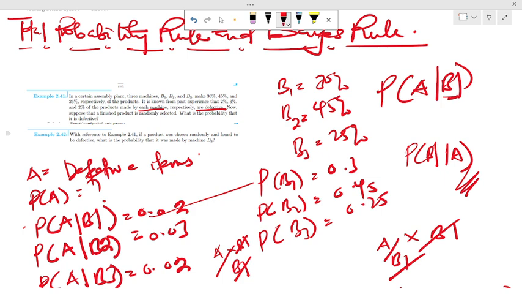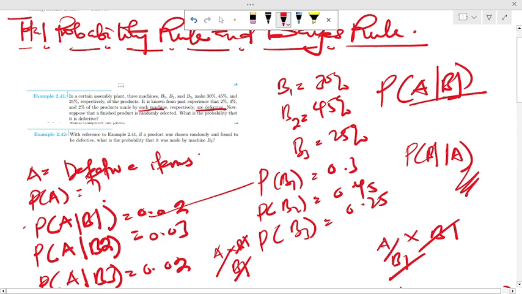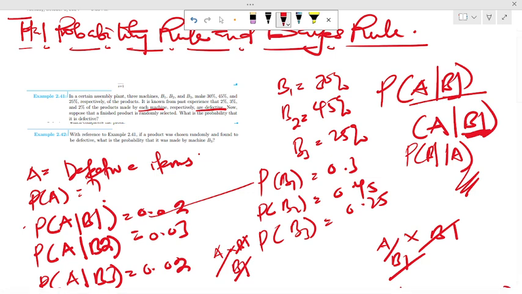The machines are specified before they talk about the fact that they were defective, so you should write it in this form. The one that is specified first will come before the condition that the defective is being produced. This is a way of getting these questions right.